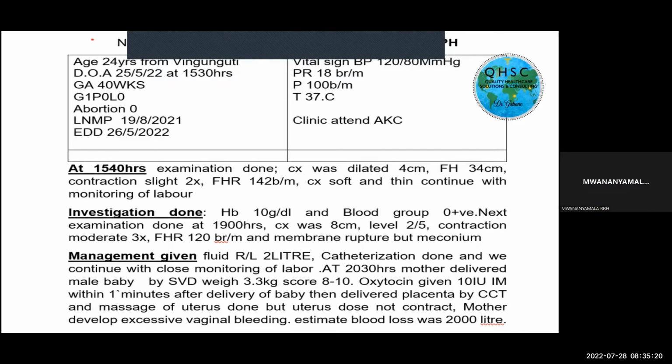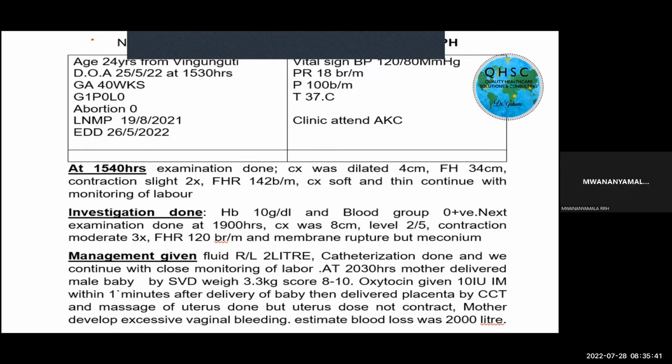I had an addition on the management. From the start, after realizing that the uterus is atonic, we also need to rule out other causes of atony. Retained products may cause atony.